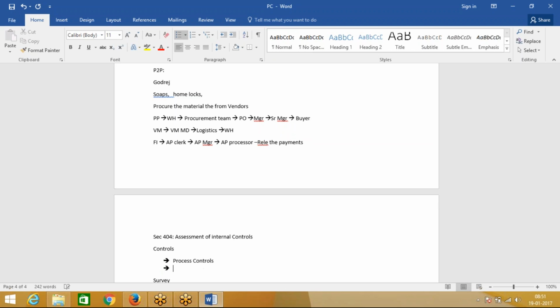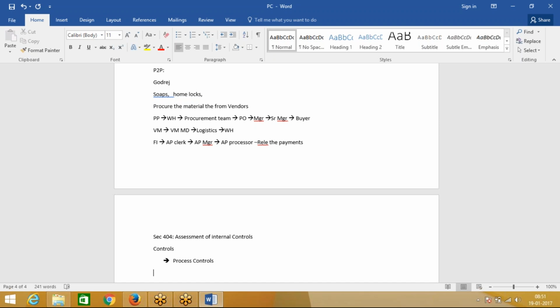By using these process controls, I am going to assess the organization's processes and policies, additional stuff as well, and internal controls. We can create these process controls in a process control system, in PC, and by using them we assess the existing environment.